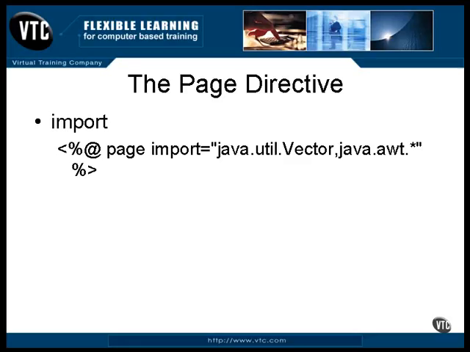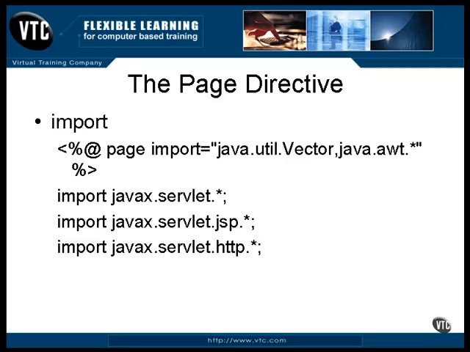Now, some packages are implicitly imported, so you don't need to import them in your code. As usual, the Java lang package is always imported, but in JSP code, some other packages are imported automatically as well. These 3 lines of code are always inserted at the top of the generated code.